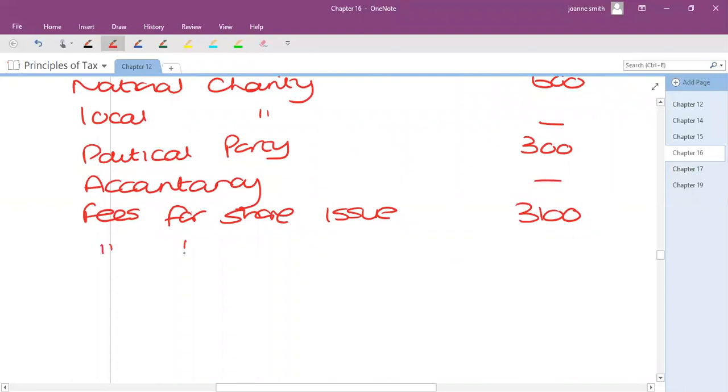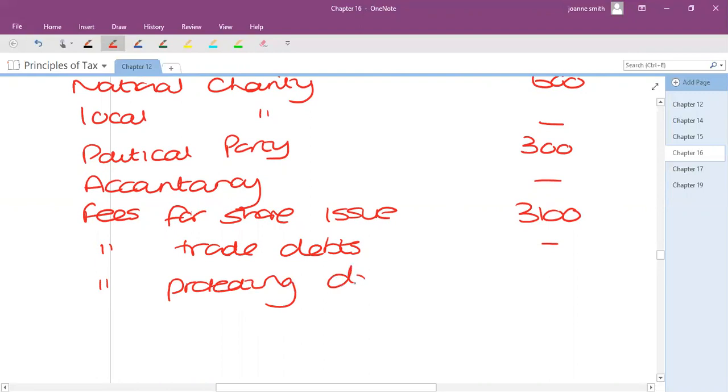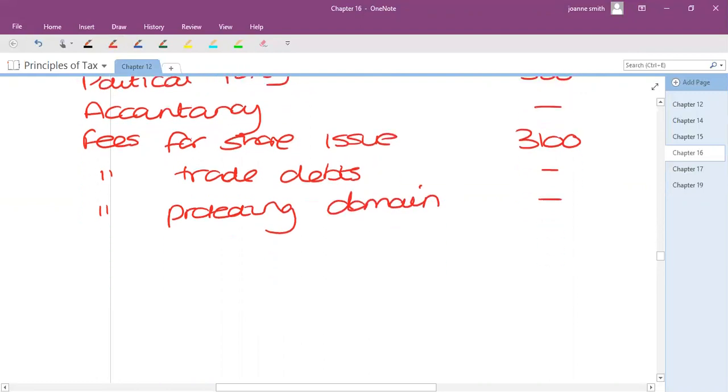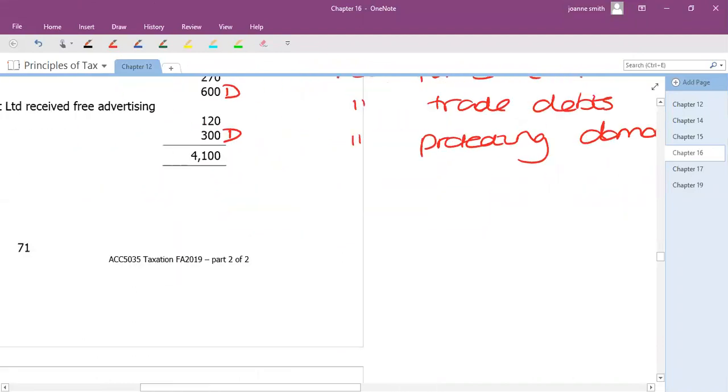Fees for trade debts, that's fine, that's your bad debt collection. And the last one, fees for protecting, we'll just put domain. Remember, you don't have to write this out in full, just make sure it's something loosely connected with the notes so the marker can understand what you've done.